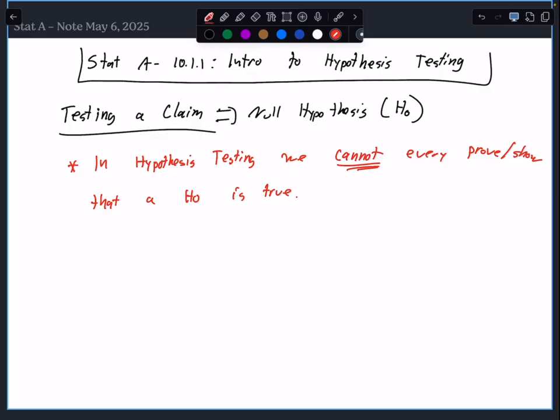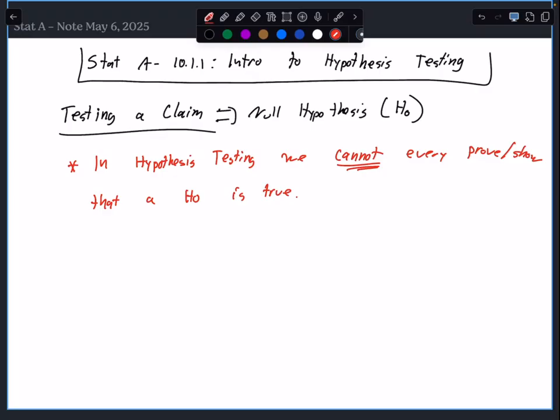What do we say about a defendant, somebody who goes to a trial? It's that they're innocent. The whole premise is you're innocent until proven guilty. So the null hypothesis is that they're innocent.